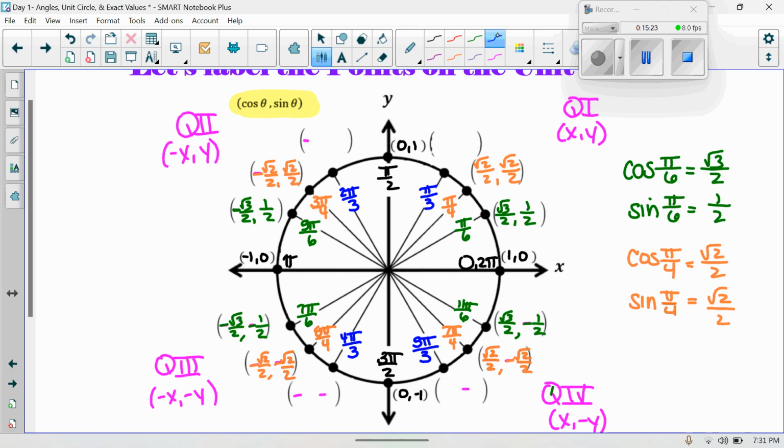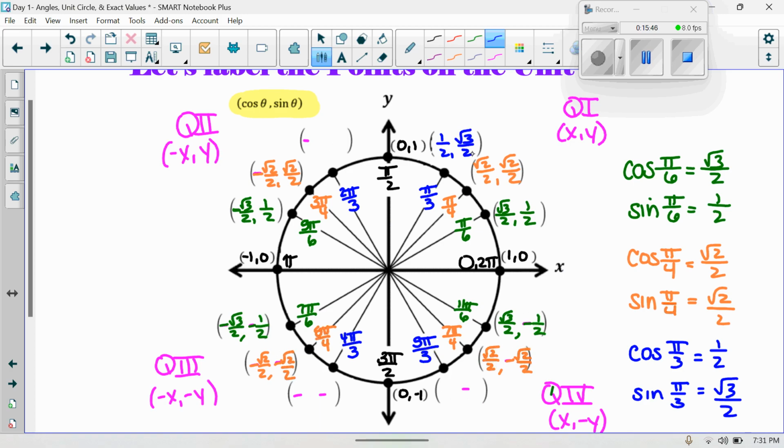And then lastly, if I go to my pi over 3s, cosine of pi over 3 and sine of pi over 3. So the cosine of pi over 3 is 1/2, sine of pi over 3 is rad 3 over 2. So that's my quadrant 1 coordinate, 1/2, comma, rad 3 over 2.